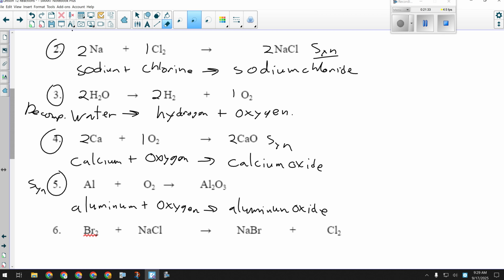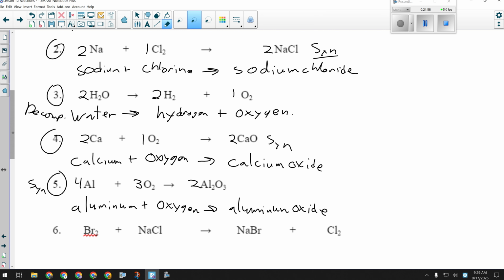And now we got to balance this. Biggest number is 3, and over here it's a 2. Lowest common multiple is 6, so a 3 there and a 2 there balance the oxygens, but that gives me 4 aluminums, so 4, 3, 2 should be our balancing numbers for that. Okay, questions on any of those?